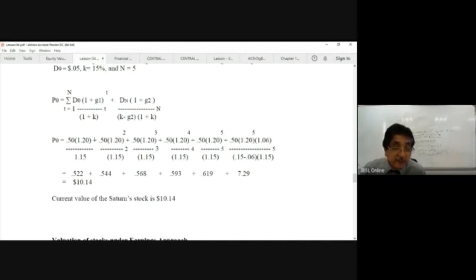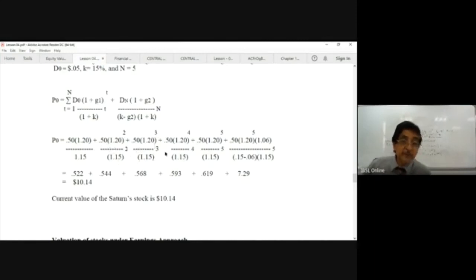For those 5 years, these cash flows are given. This 0.50 into 1.20 divided by 1.15 is the first year's dividend cash flow. This is the second year's dividend cash flow, that is 0.50 into 1.20 to the power 2 divided by 1.15 to the power 2. In the third year, it is 0.50 into 1.20 to the power 3 divided by 1.15 to the power 3.